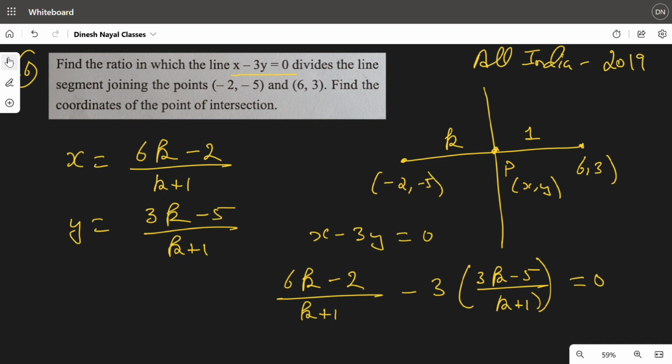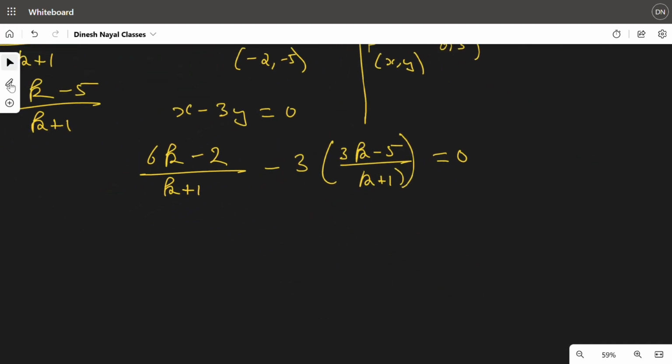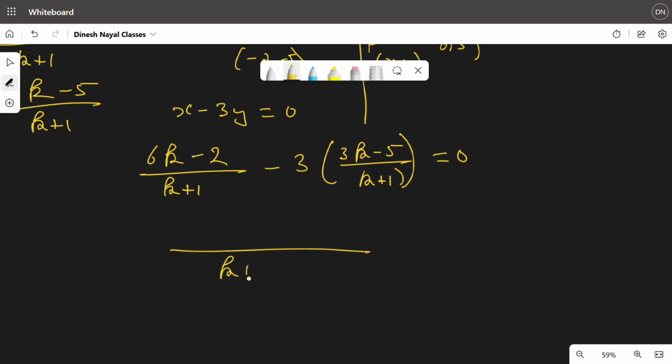Now we have to solve for k. The LCM will be k plus 1 only. So this will be 6k minus 2, minus 3 times 3k minus 5, equals 0. You take k plus 1 to that side, this will be 0.